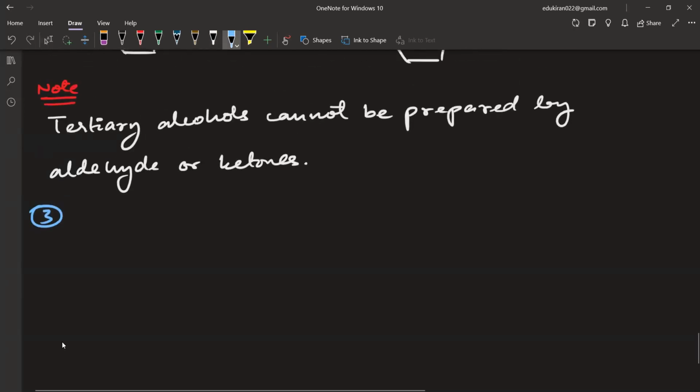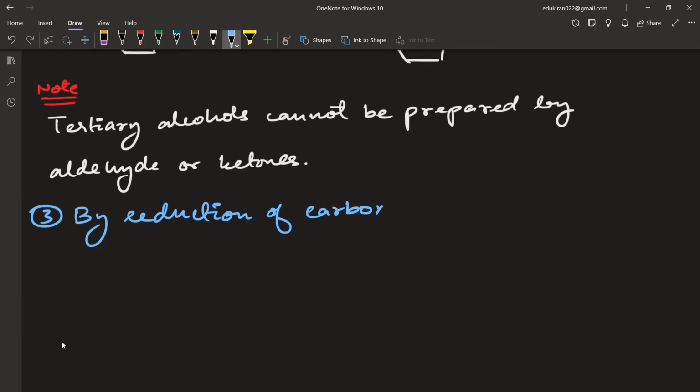Right, next, the third method of preparation is what? By reduction of carboxylic acid and esters.